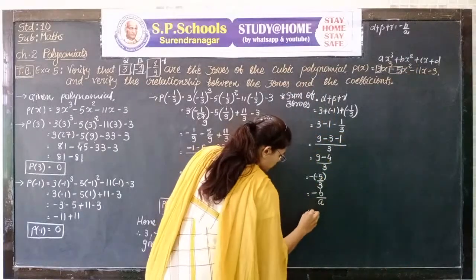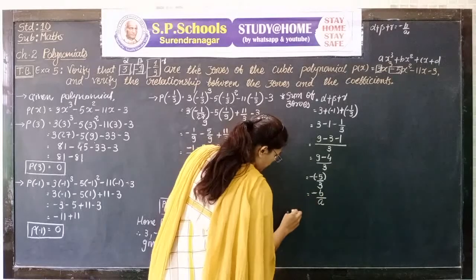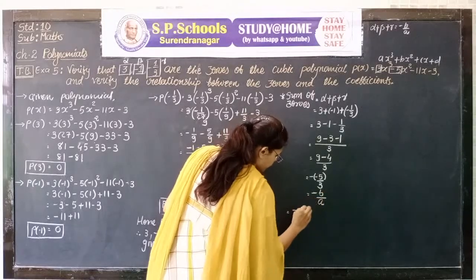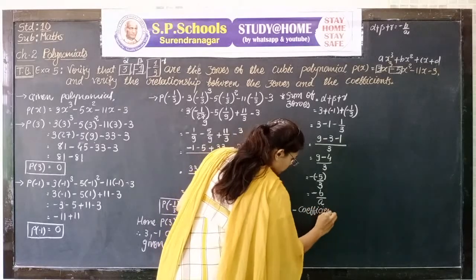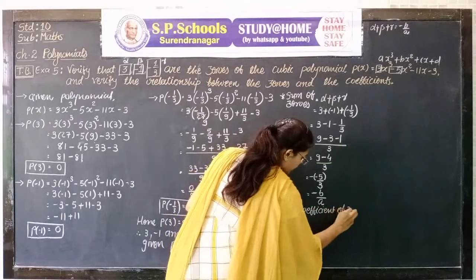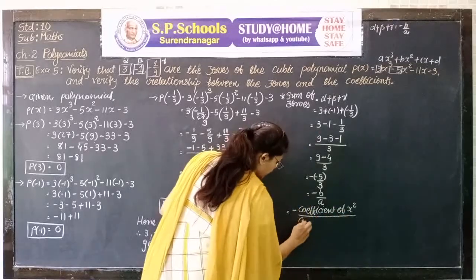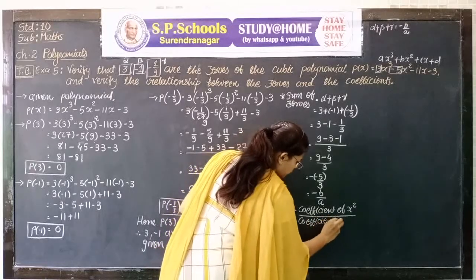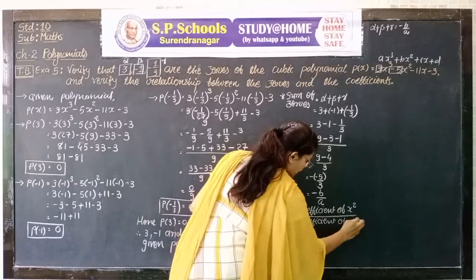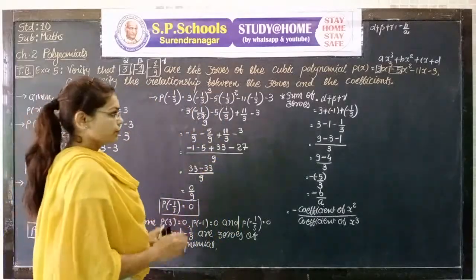It is equal to minus, as it is, instead of b the coefficient of x square, upon instead of a the coefficient of x cube. Here the first relationship is verified.